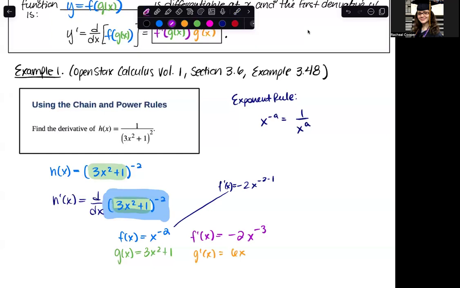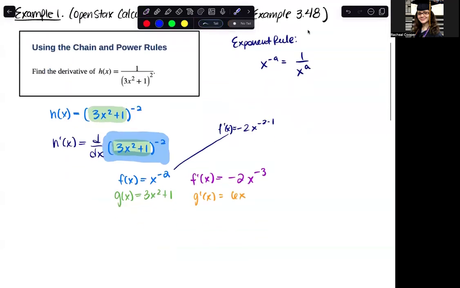Please go back and review the power rule if you find yourself really confused about what I just wrote down. You're not using your time efficiently if you don't understand the power rule very well at this point and you're trying to learn the chain rule. And this is why this example says using the chain and power rules, because this is a power. Inside that power is an expression, 3x squared plus 1. So we have a composition of the functions 3x squared plus 1 and negative 2.